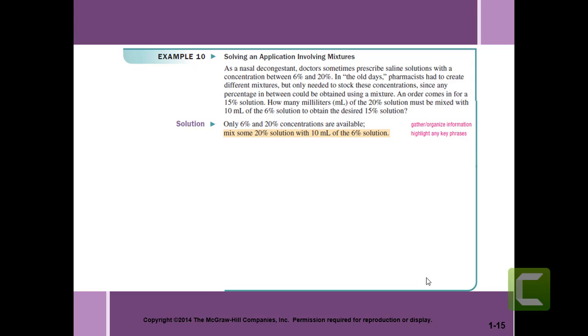So we're going to keep adding the 20% solution little by little until we get an amount, whatever that turns out to be, where it becomes 15%. Okay, so this is the idea. There's our visual. And we're going to keep adding until we get a 15% solution.